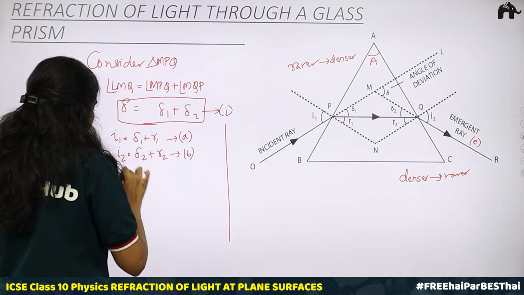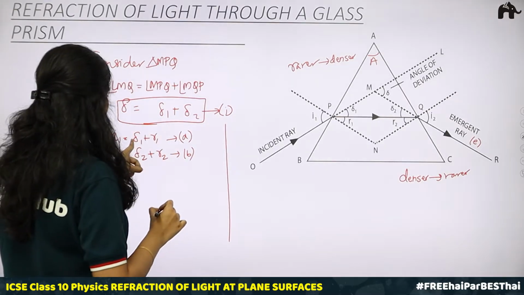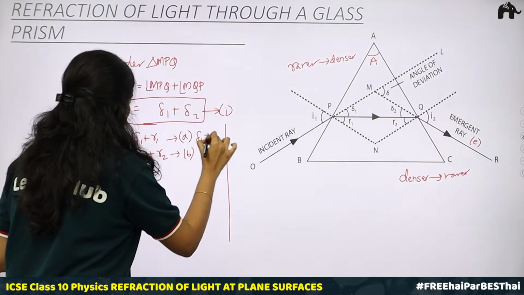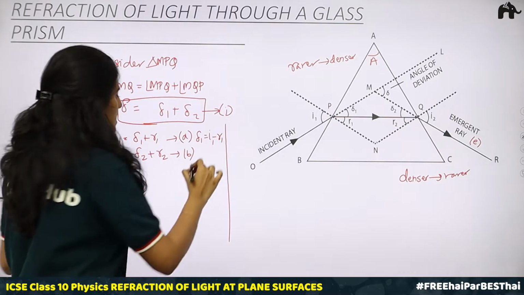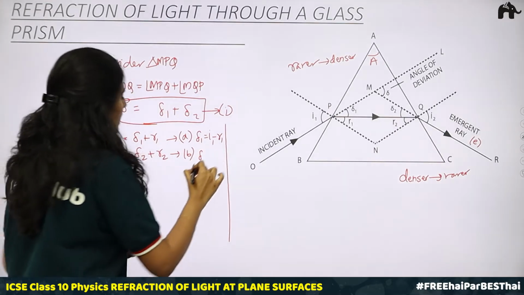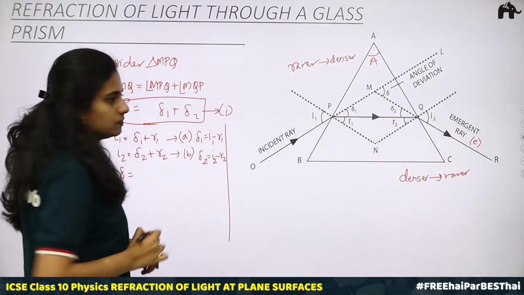What do we get? Delta is equal to, what is delta 1? From A, we have delta 1 is equal to I1 minus R1. Similarly, from B, delta 2 is equal to I2 minus R2.